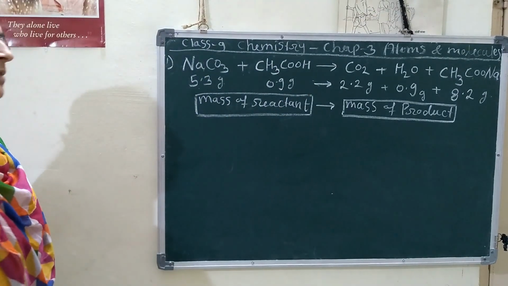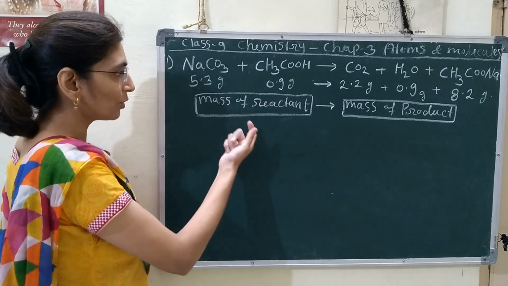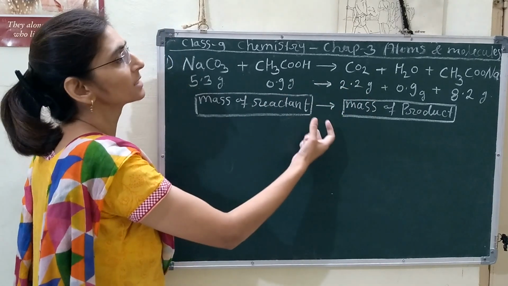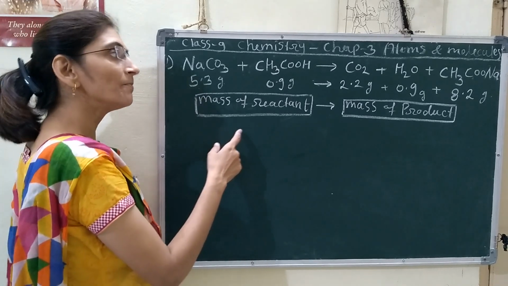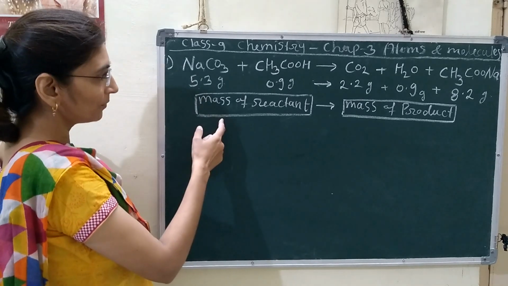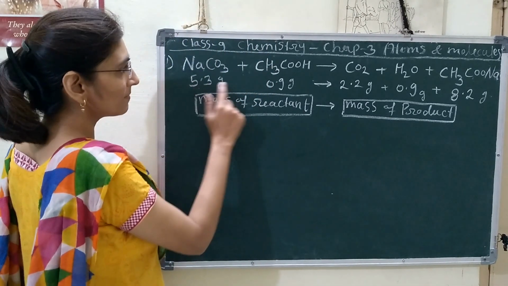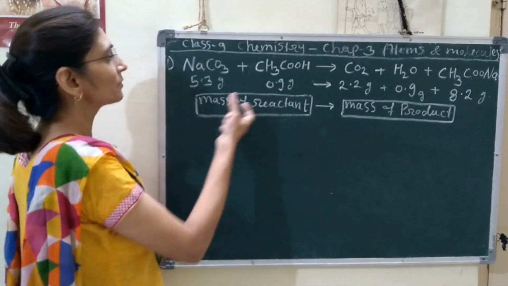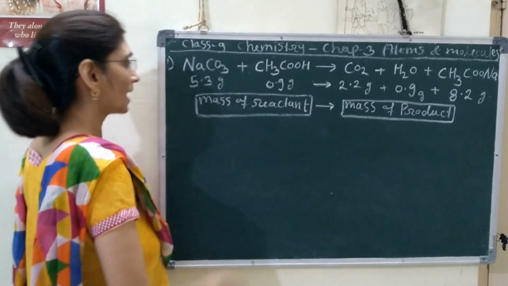In this numerical we have to show whether this reaction is following the first law of chemical combination or not. We have to prove mass of reactant is equal to mass of product. Here mass of reactant is given and mass of product is also given. We just have to add these masses and calculate it.